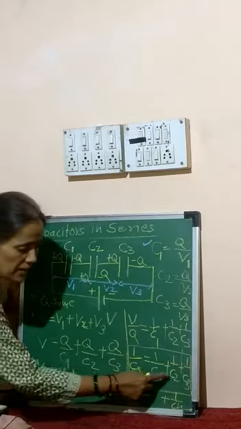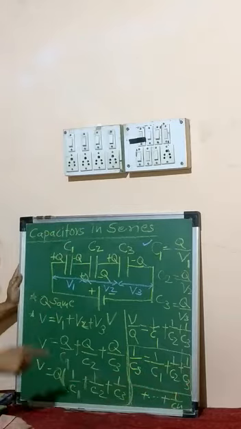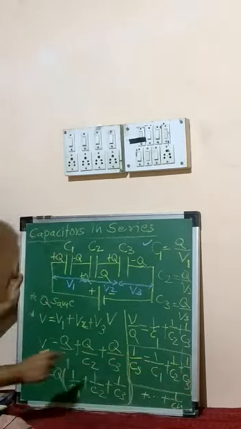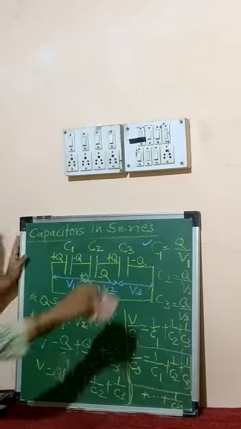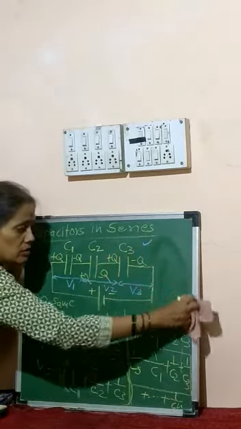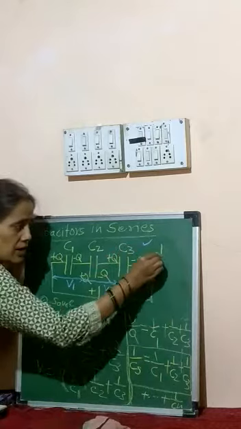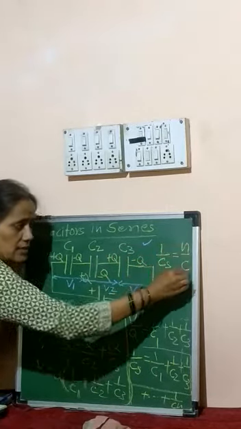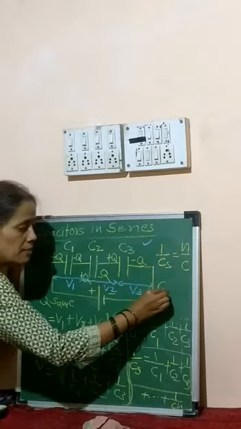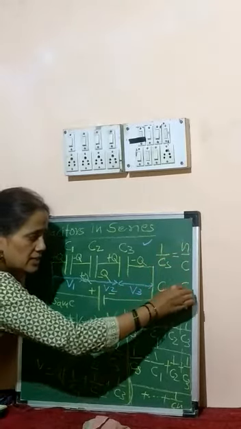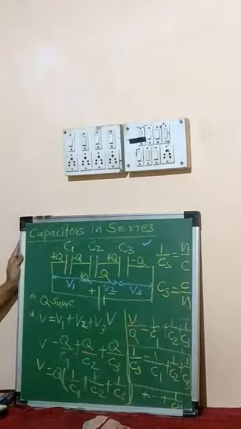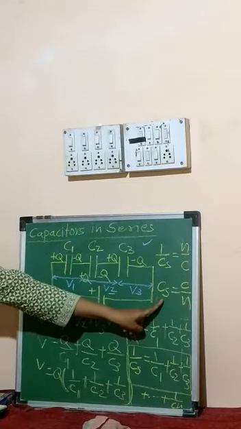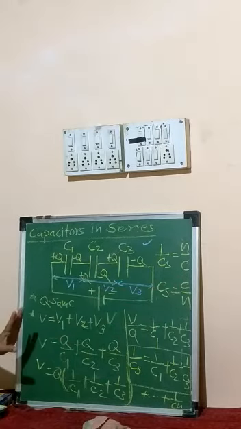And if the capacity of each capacitor is the same, meaning C1 is equal to C2 is equal to C3 up till Cn, then this formula reduces to 1 upon Cs is equal to n upon C, and therefore simply Cs is equal to C upon n. This means in series combination the resultant capacitance goes on decreasing.